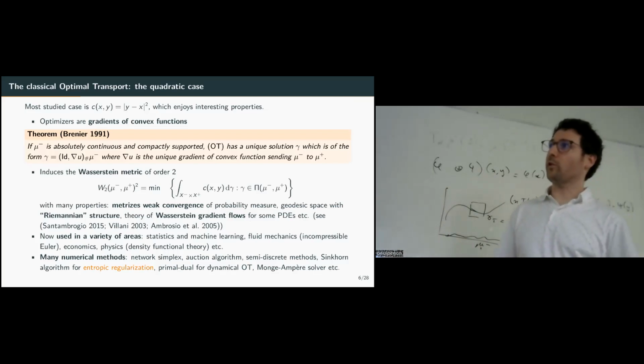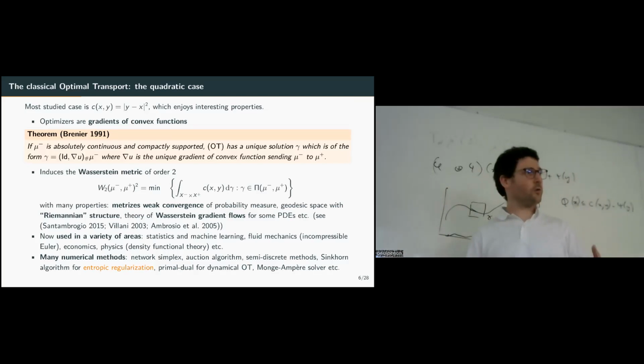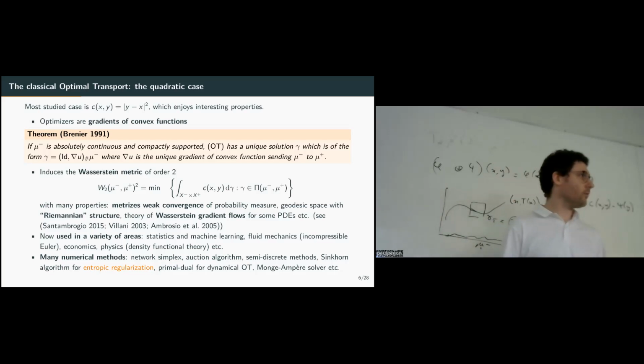You have a theory of Wasserstein gradient flows. And you recover some PDEs as gradient flows for this metric and so on. So it's widely popular for this. And it's used in many different areas, also statistics and machine learning, as a data fidelity term, for example, in fluid mechanics, economics, physics, and so on. So now it's becoming more or less a tool that is used in many other problems.